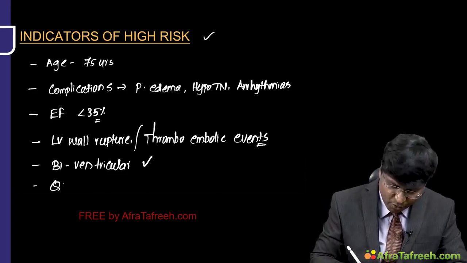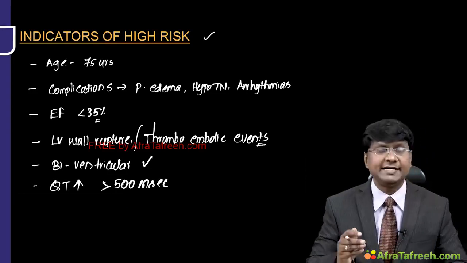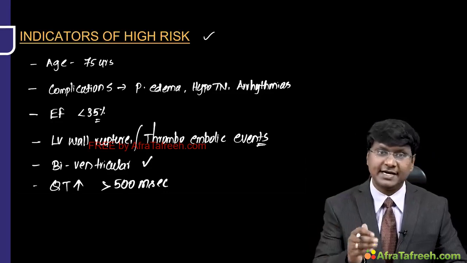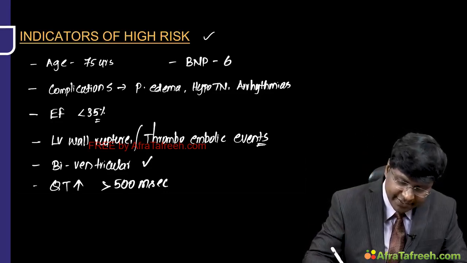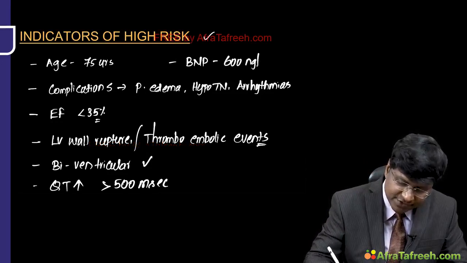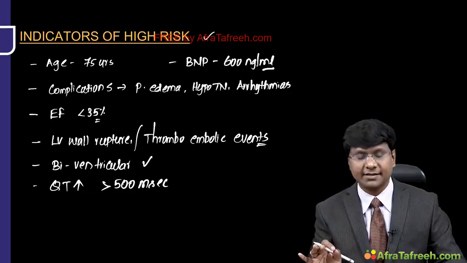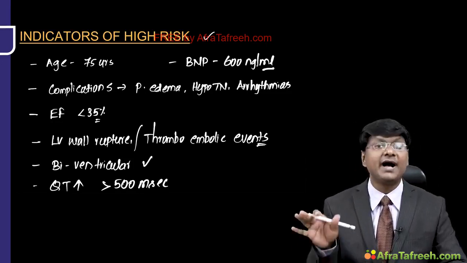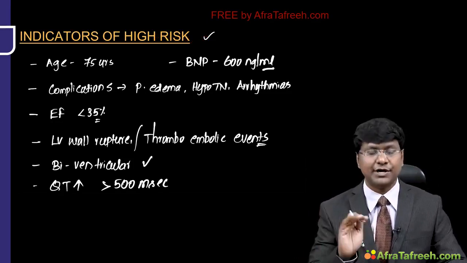And those patients who have prolonged QT interval, QT interval more than 500 milliseconds, are at increased risk of sudden cardiac death. And those patients whose BNP levels are elevated to 600 nanograms per ml are also at increased risk of sudden cardiac death. So these are the indicators of high risk for the development of mortality in patients with Takotsubo cardiomyopathy.